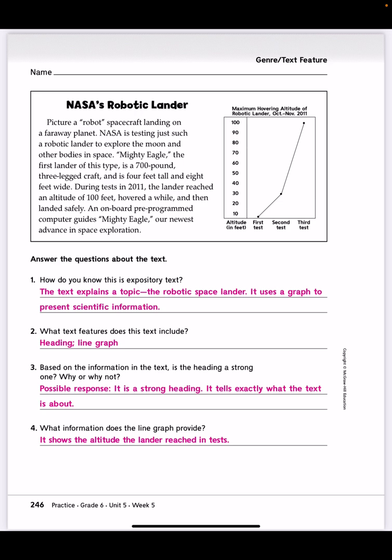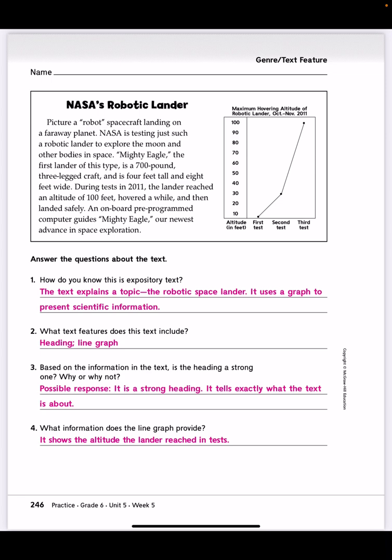Okay. Now, this next one just talks about expository text. Just like we had yesterday, you can see that there is a graph, or I guess it's more of a chart there, located to give you some extra information. How do you know it's expository? It explains a topic, in this case, the robot lander. It uses a graph to give you scientific information. What text features? Well, you've got a line graph and you've got a heading. Based on the information in the text, is the heading a strong one?